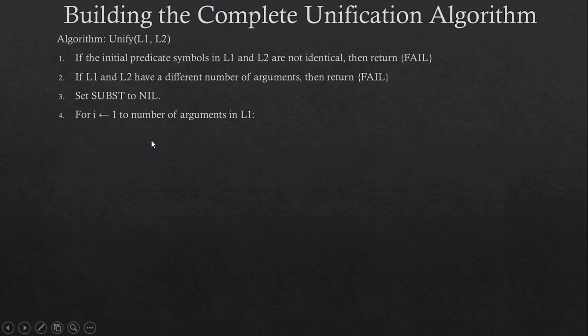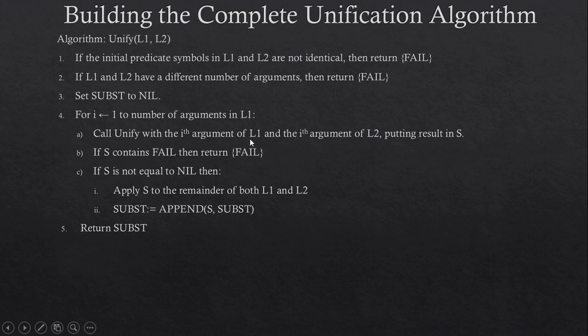Call unify with the ith argument of L1 and the ith argument of L2, putting the result in S. As a result of this, the unification should occur and a substitution list should be returned. And that substitution list should get stored into a variable S. Now we assess S and take appropriate action.